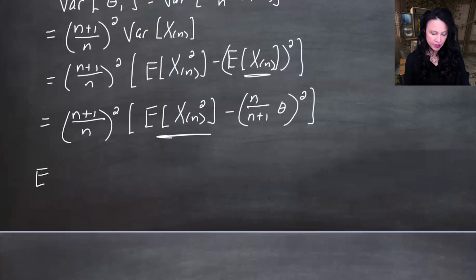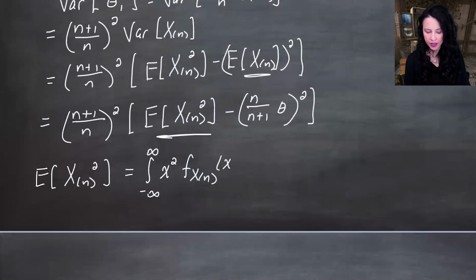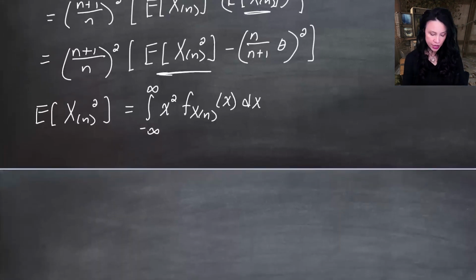The expected value of the maximum squared is going to be the integral from minus infinity to infinity of x squared times the PDF for the maximum. And this PDF lives on 0 to theta, so it is going to get cut off.